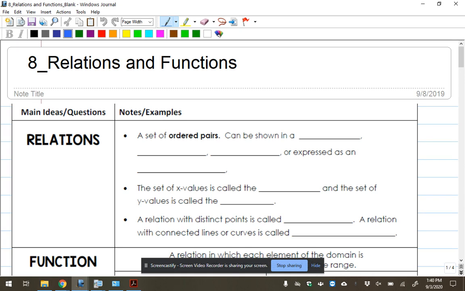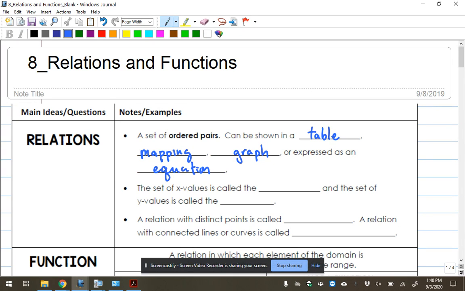The sets of ordered pairs can be shown in these four different ways here. Can be shown in a table, a mapping, a graph, or expressed as an equation.